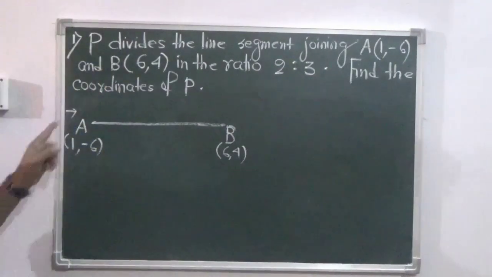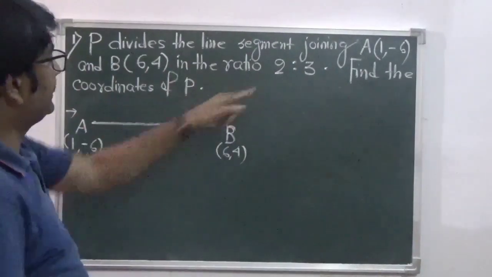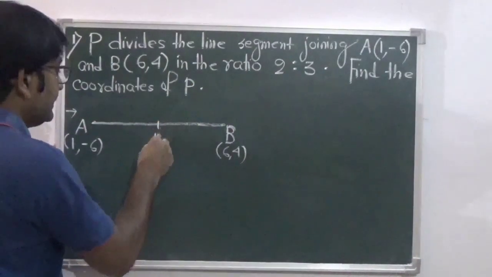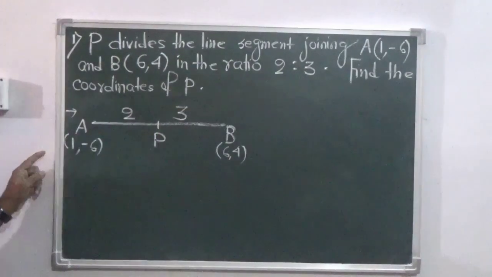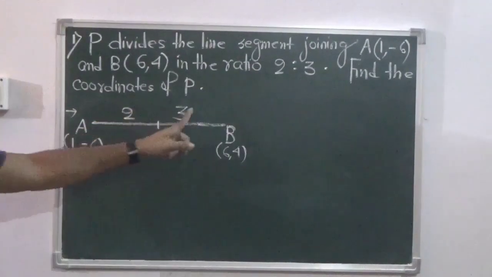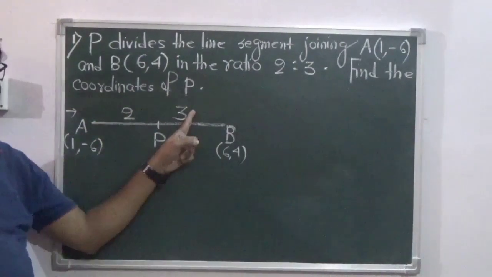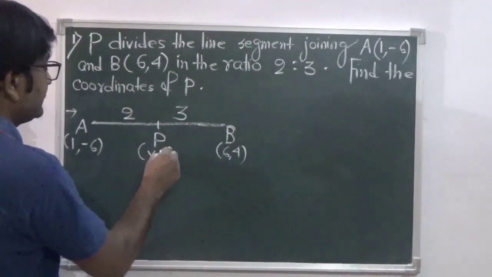And this join of A and B is divided by the point P in the ratio 2:3. We need to find the coordinates of P. So this is M, that is 2, this is N, this is 3, and let us assume P as (x, y).